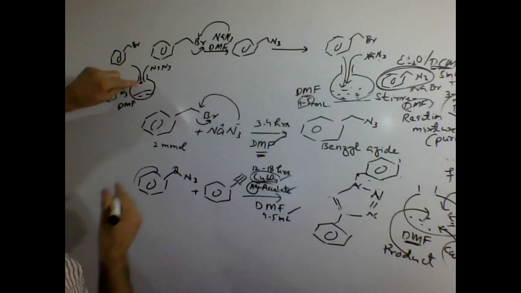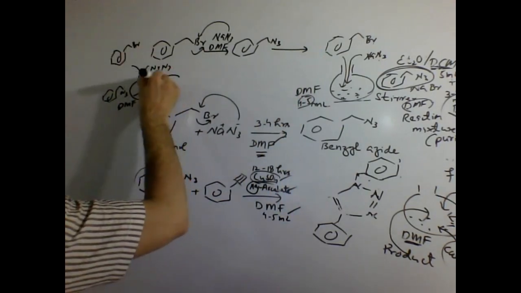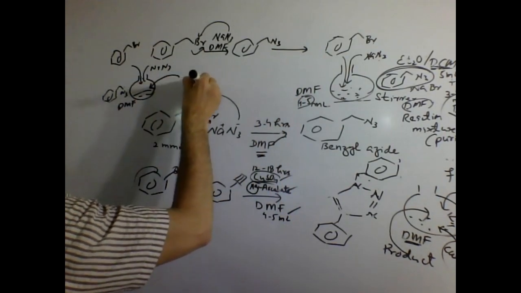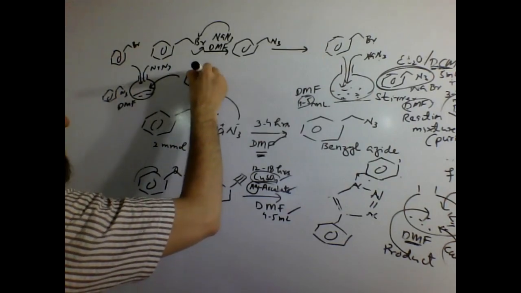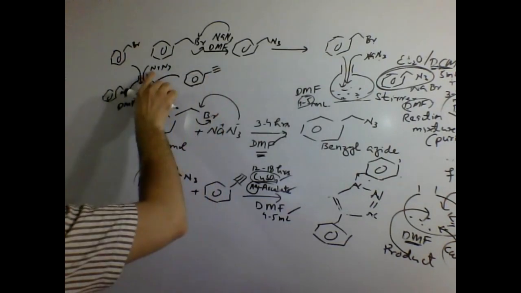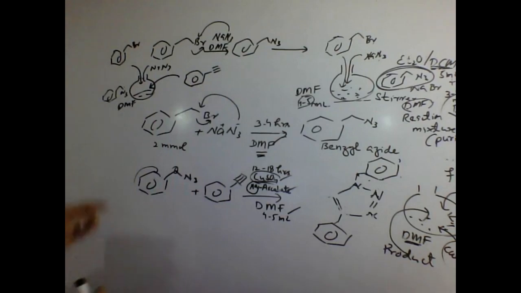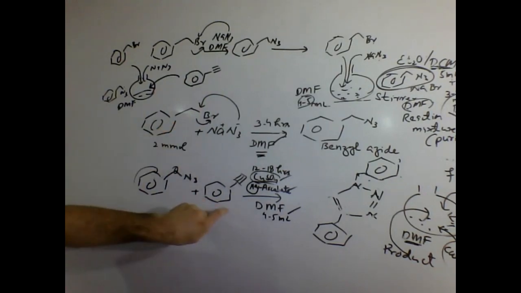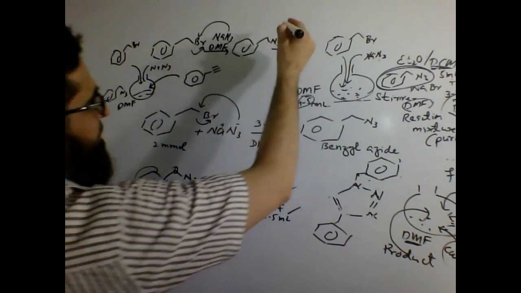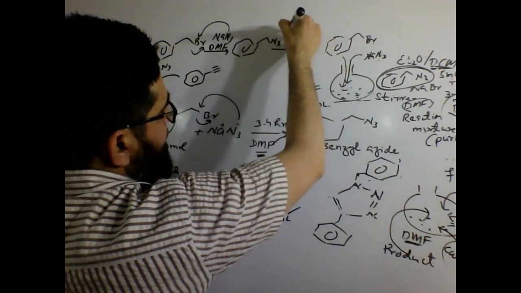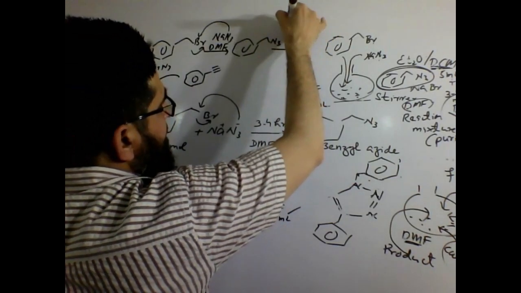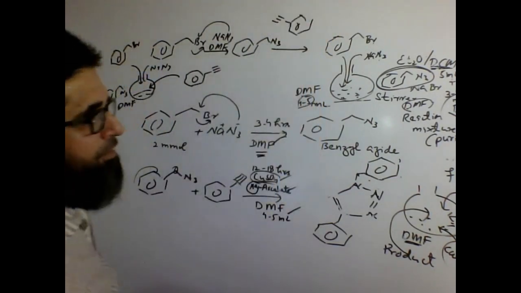As the reaction completes, they put in the next reactant without purification, without removing sodium bromide, without purifying this azide product. They just put in the next reactant, which is involved in the next step. So what happened then? They put in this one into it.